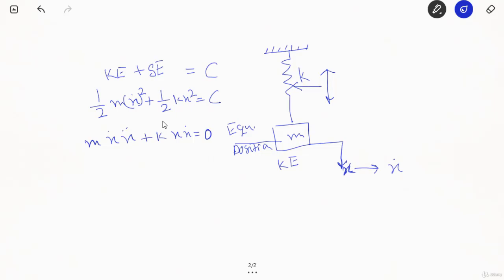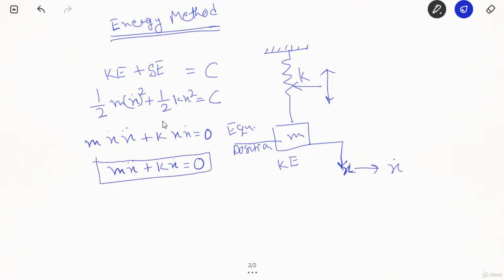X dot will get cancelled, then the ultimate equation will come out as m x double dot plus k x equal to 0. Now you can see that the previous equation which we concluded from Newton's second law and the differential equation we got from the energy method are similar.